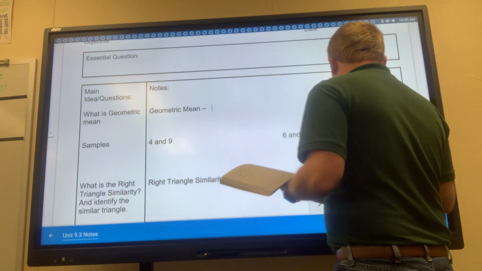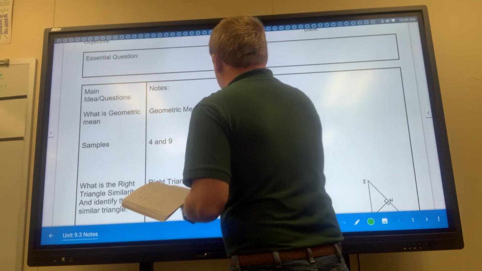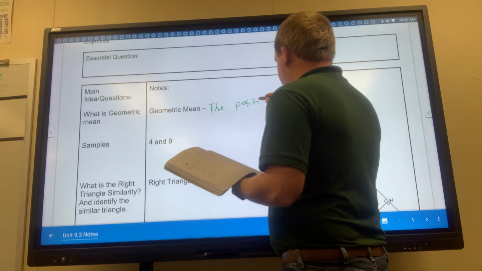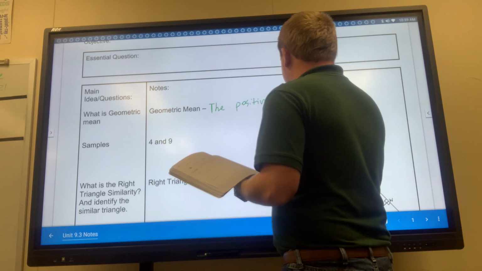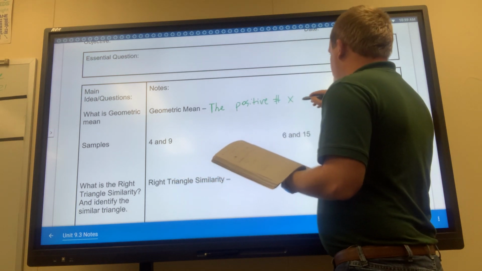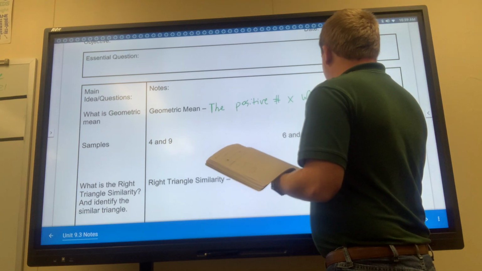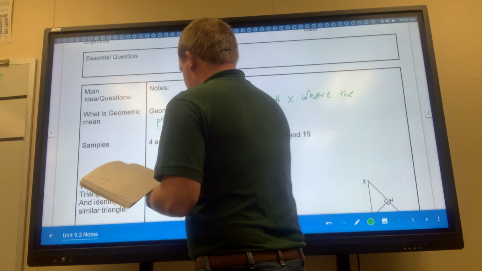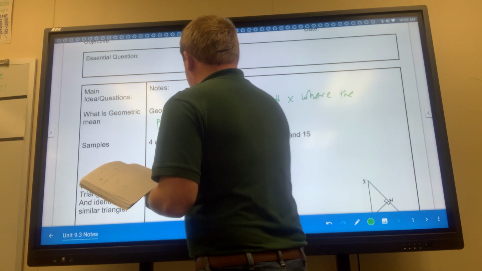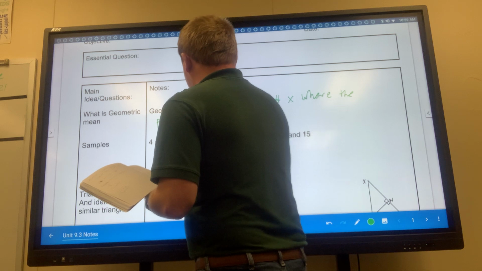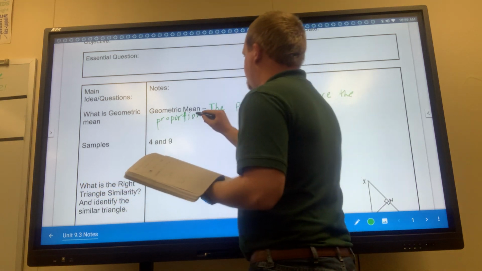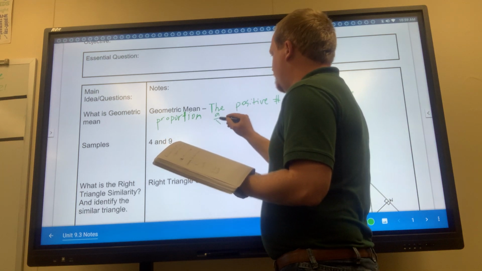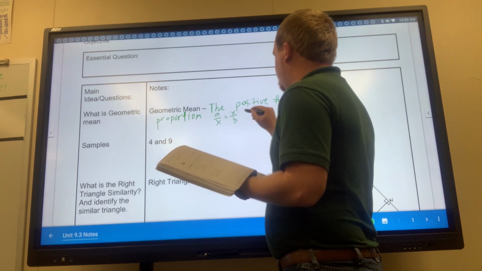It is the positive number x where the proportion a over x equals x over b is true. I know I'm in the way, sorry, my writing's a little bit sloppy.